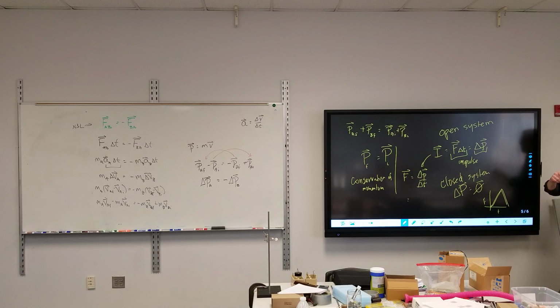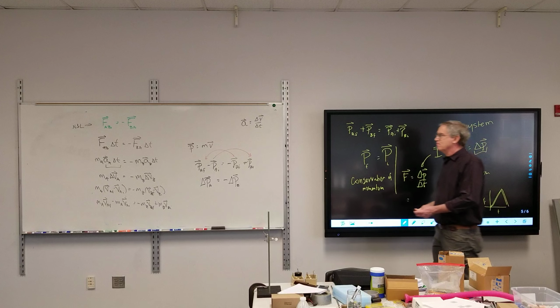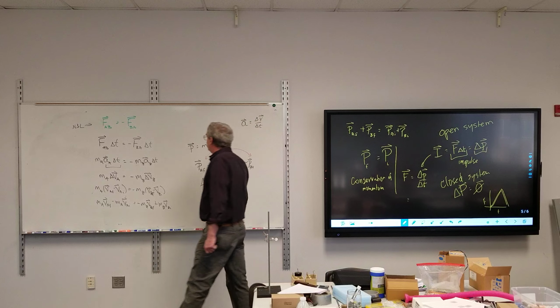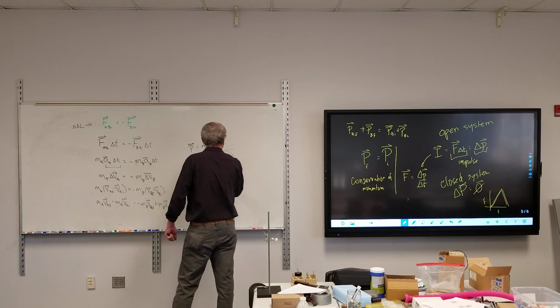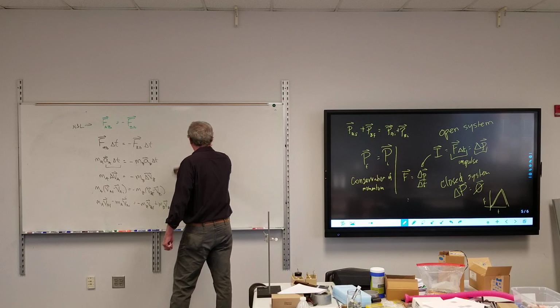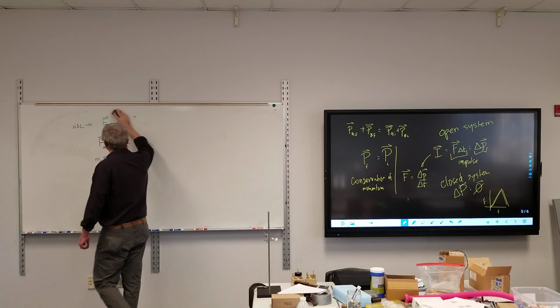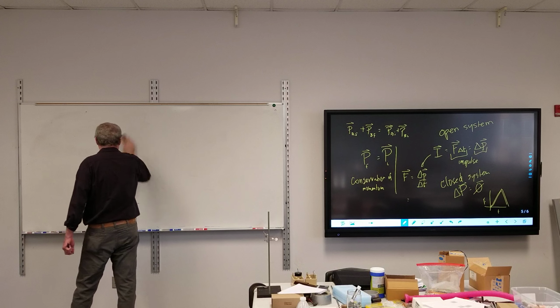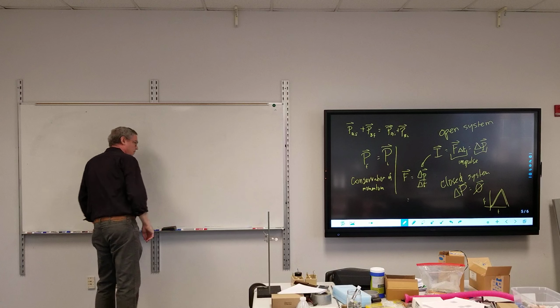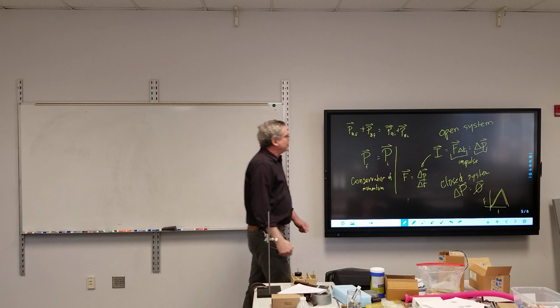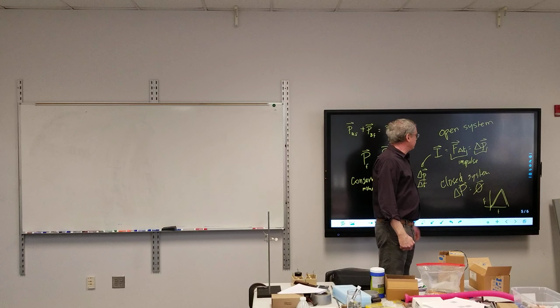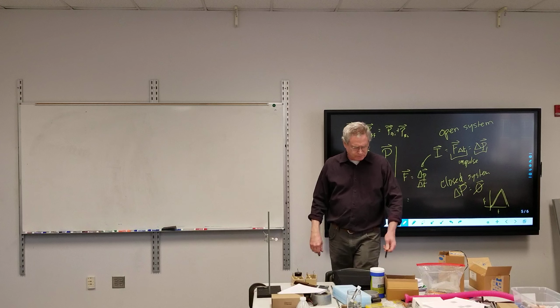From this, we can start to make predictions about what's going to happen in a collision. For example. Is that a big P under closed system? Yeah, it should be. Okay.